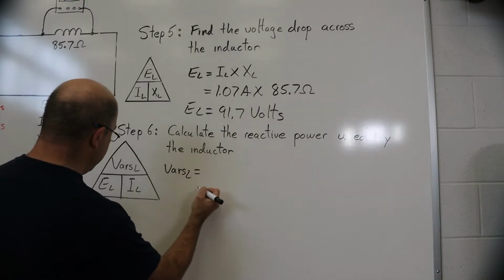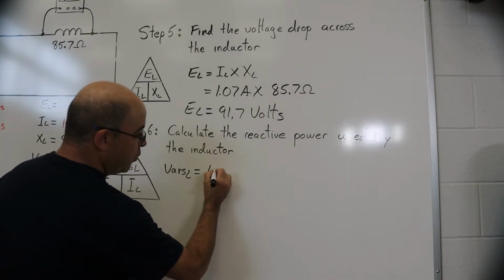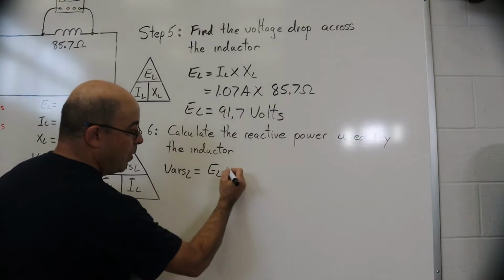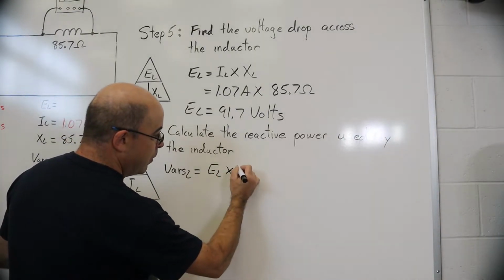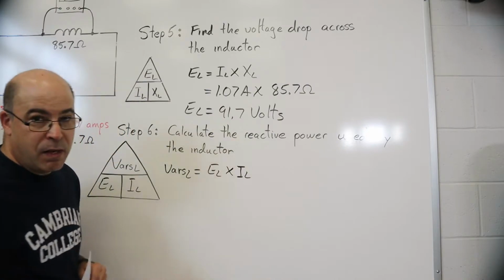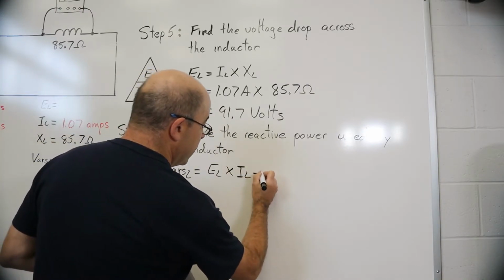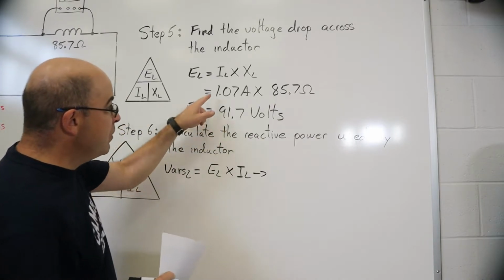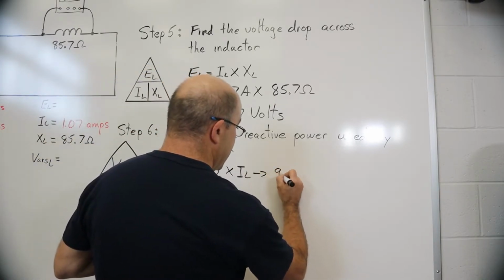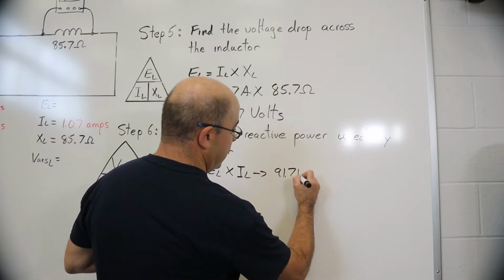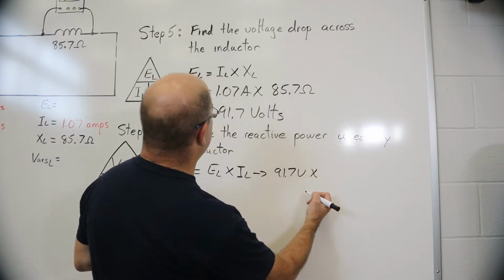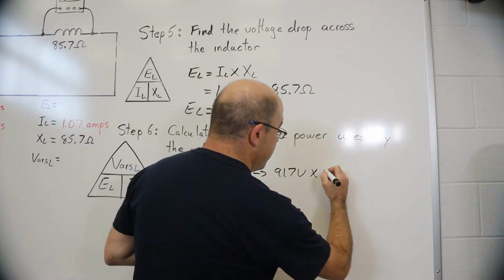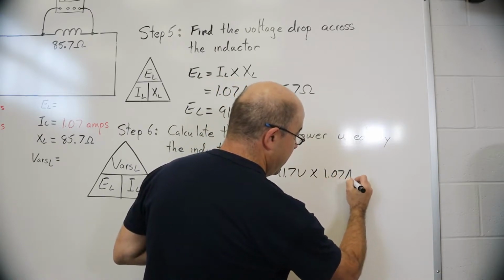VARs L is equal to the voltage drop across the inductor multiplied by the current of the inductor. Using the voltage drop we've calculated previously, as well as the current, 91.7 volts multiplied by 1.07 amps, pardon me.